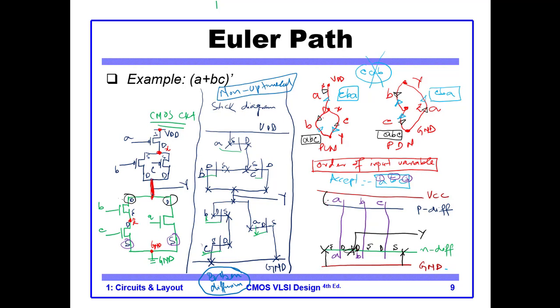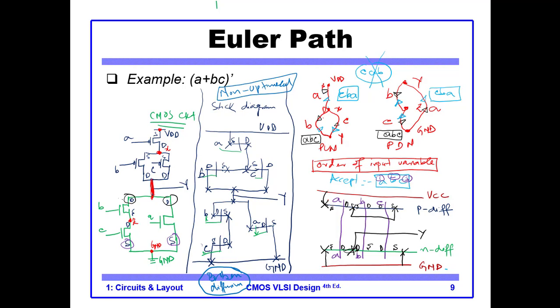So this is VDD, here is our connection, this is the source of A. Then the drain of A is connected to the source of B and to the source of C. So we take this line and we connect it here. So this is our connection. So the source of C and the source of B are connected to the drain of A.